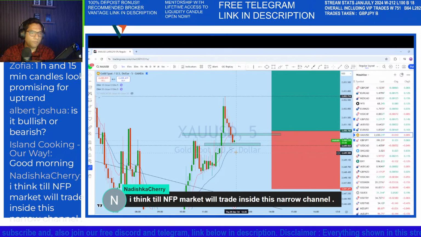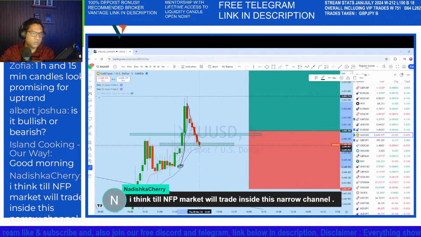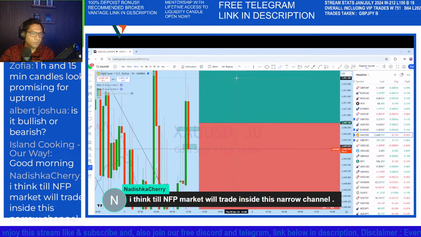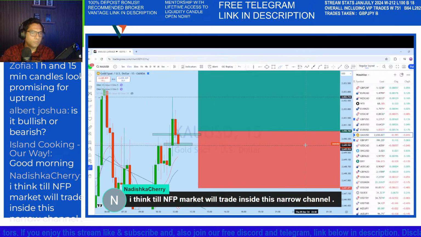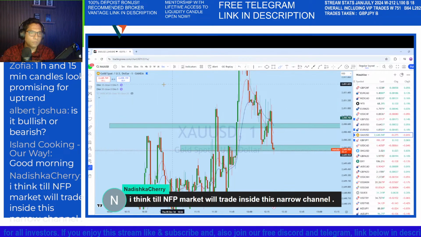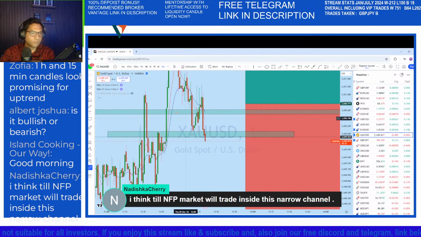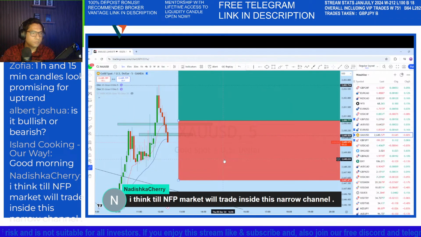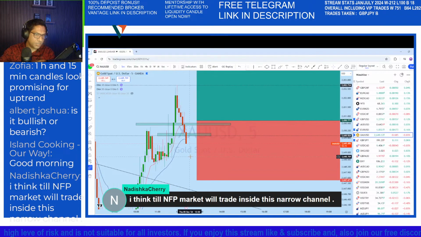From here, with this liquidity grab, there is a bounce, a pullback. You can see that there is a rejection here.